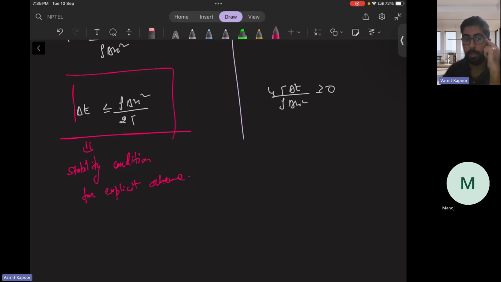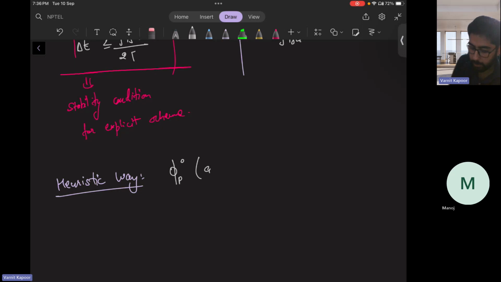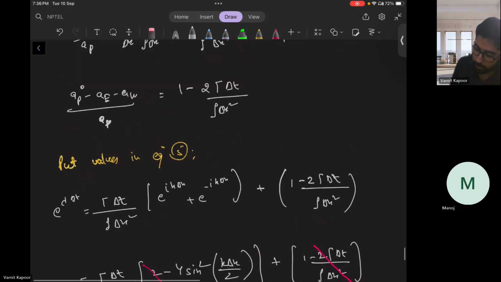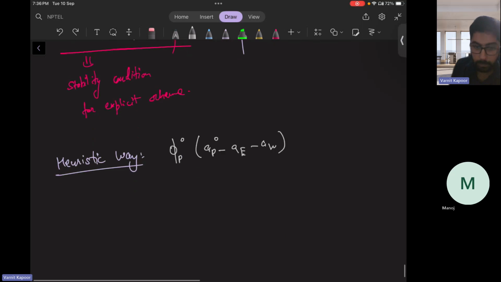One another way was the heuristic way. Instead of doing all this, the heuristic way will also give you the same thing. You had that coefficient which you don't want to be negative, the coefficient of phi P naught, which was AP naught minus AE minus AW. You want it to be positive. So what will you do? AP naught should always be greater than or equal to AE plus AW.